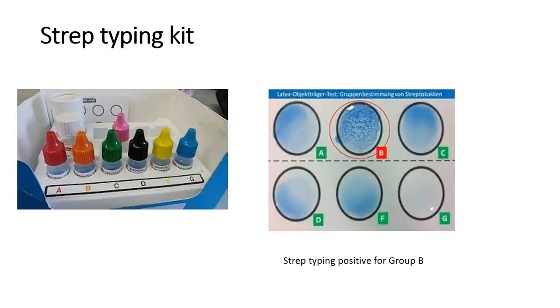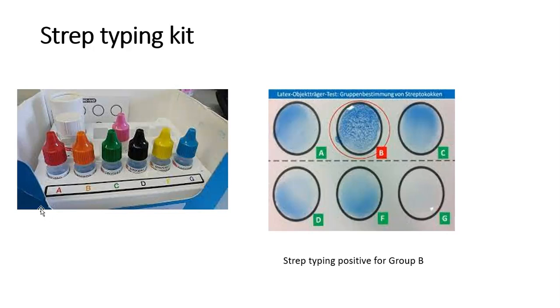And again, this is what the strep typing kit looks like. Again, it's really easy. You take your little specimen, you put your little dots out, each one of the A, B, C, D, G, and then you introduce a little bit of your specimen to each one of those, and you swirl it around and you rock it.